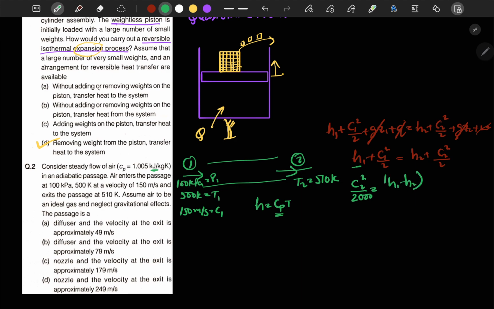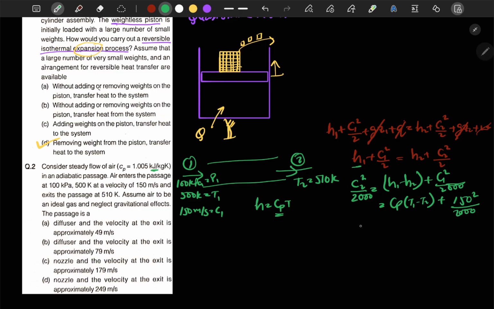H1 minus H2 plus C1 square by 2. So from here we get Cp into (T1 minus T2) plus C1, whose value is 150, square by 2000. T1 minus T2 is 500 minus 510, which is minus 10. So we have 150 square divided by 2000 minus Cp value, 1.005, into the temperature difference of 10.